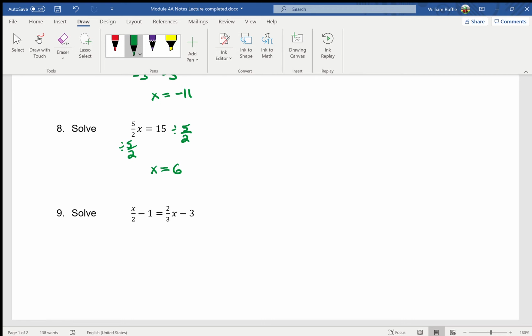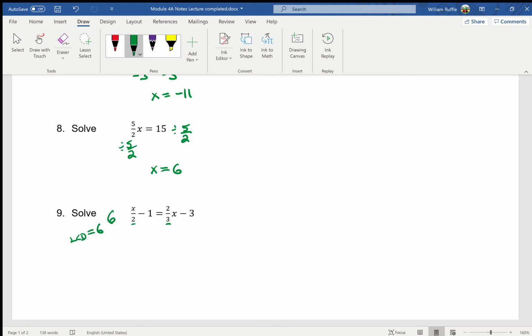This next one is a little bit harder, but this is the one example I'm going to do for finding the least common denominator to get rid of fractions. Because this is really x over 2 minus 1 equals 2/3 x minus 3, and that looks awful because of the fractions. But if you remember, with the denominators of 2 and 3, the LCD is 6.